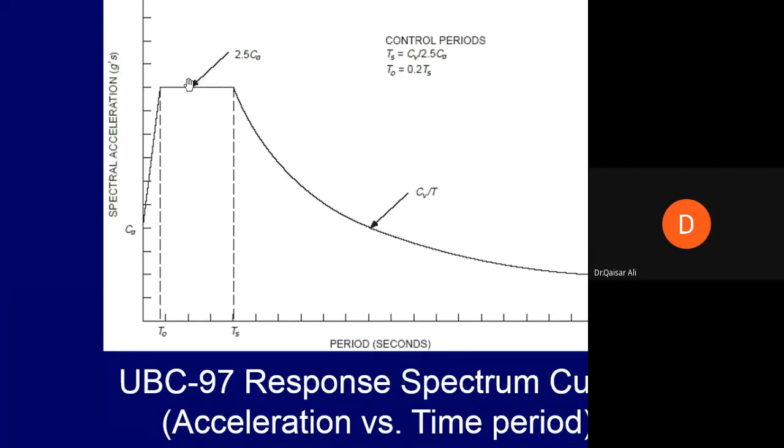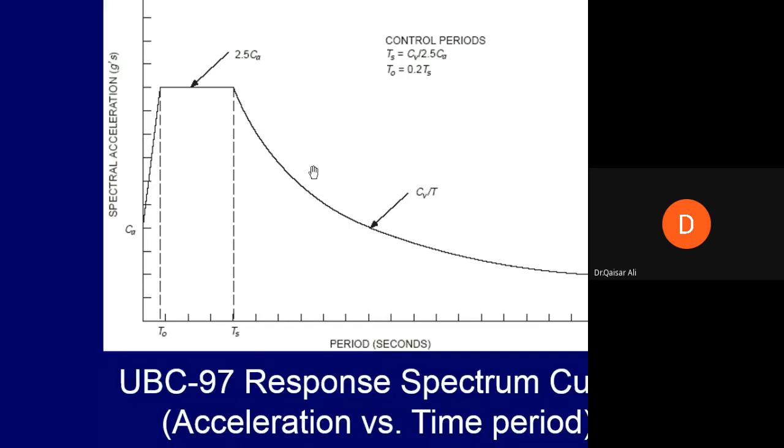So the base shear value which you obtain from the base shear equation shall not be more than this, because it cannot be more than this. Any value on the response spectrum curve cannot be more than this 2.5 CA value. And the base shear equations which we have studied are designed such that any value which you obtain from the response spectrum shall be almost equal to the value that you obtain from the base shear equation.